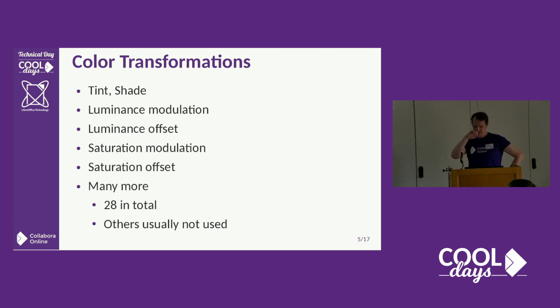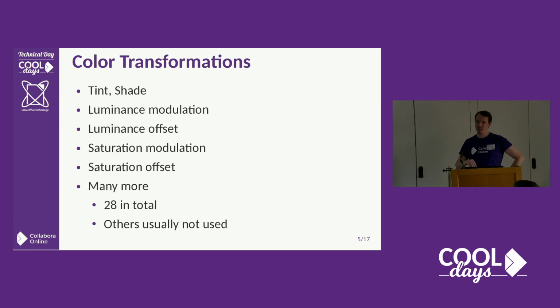Luminance modulation and offset is a little bit complicated. I didn't go into details how this is changed, but there is inside the specification how you can calculate the modification of luminance and offset. But luminance is very similar to the tint and shade.